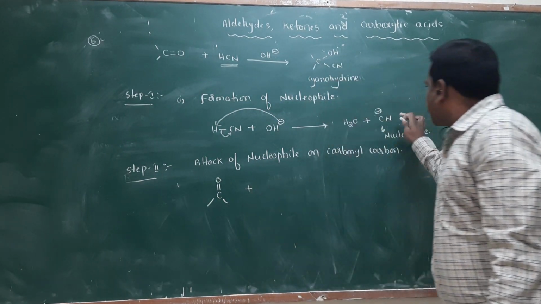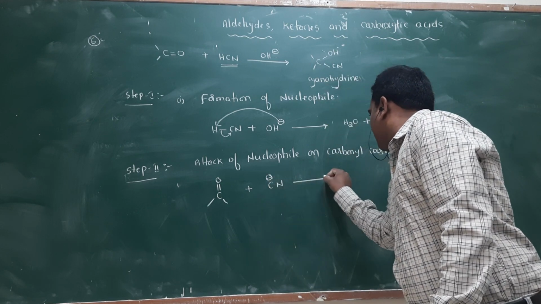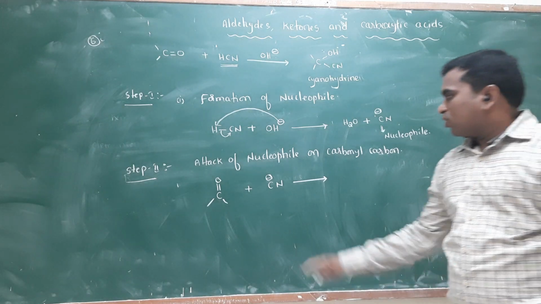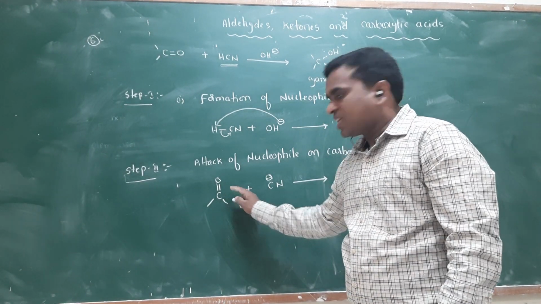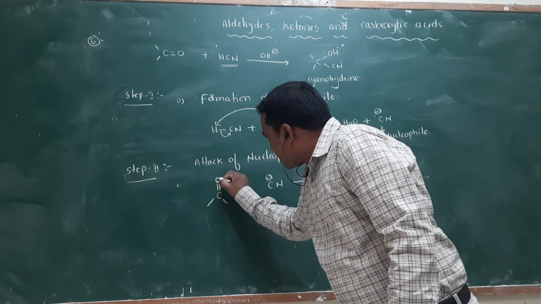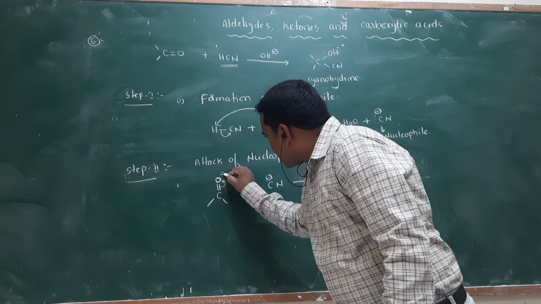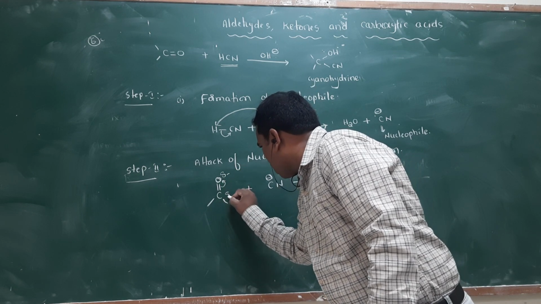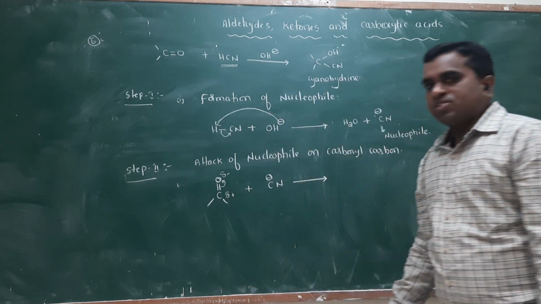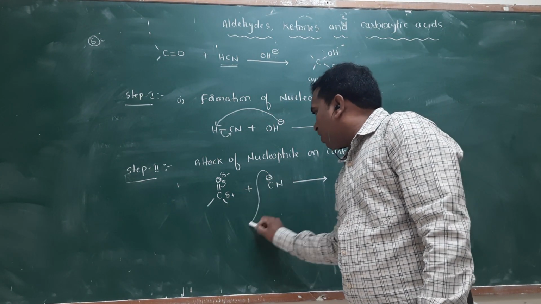And here the generated nucleophile is CN minus. Now you already know that carbonyl compounds are involved in nucleophilic addition reactions. Oxygen is more electronegative, so this bond's electrons will shift towards the oxygen. Oxygen is gaining electrons, partial negative charge. Carbon is losing electrons, partial positive charge. And you know that between negative and positive there will be a bond.